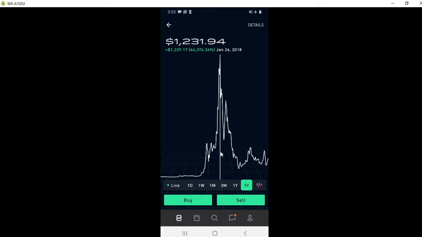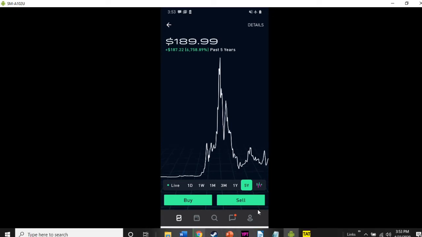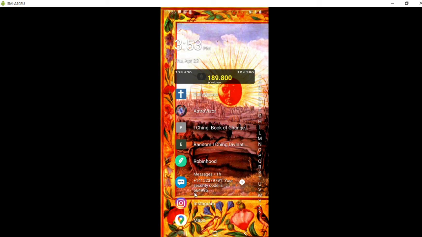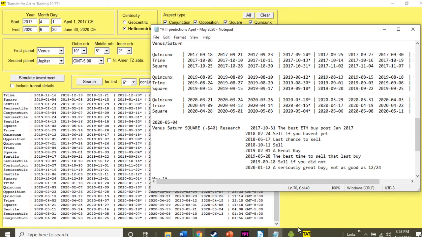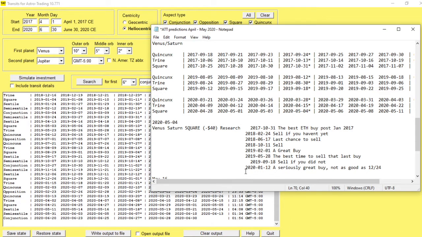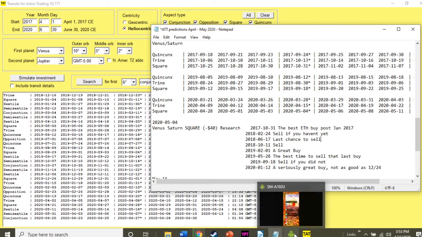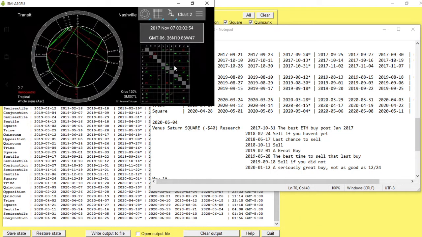So all the way to around January 20, there was a big lift off. So we're going to have to look at the longer term first.